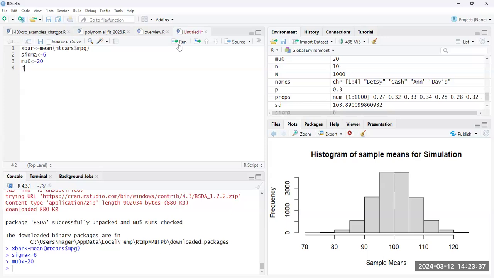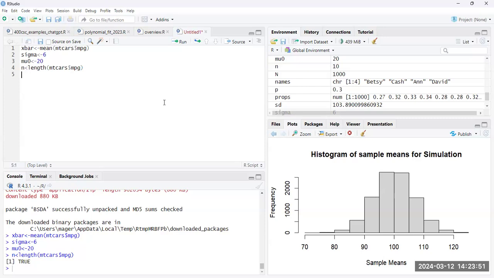And then n is going to be the length of our data, mtcars mpg. Oops, forgot my assignment operator.